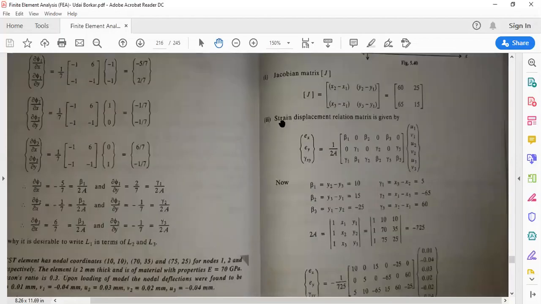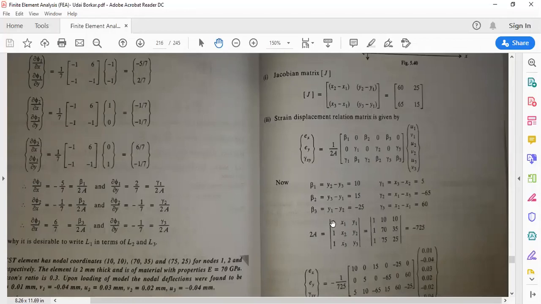Then the strain displacement relation matrix is given by 1 by 2A. With 2A you can find it using a determinant. You know the determinant? 1, x, y. This is a determinant value. And how will you find the determinant?